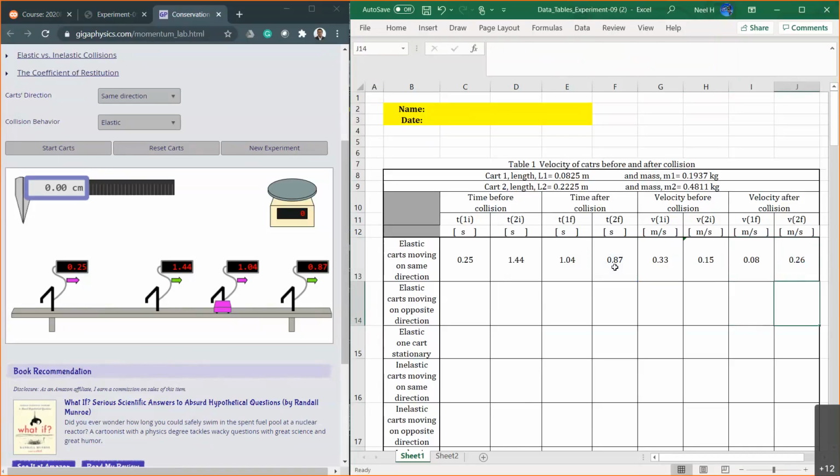Now you look at the velocities, then you will see what happened, right? So cart number 1 initially moving much faster, but that velocity decreased by a large amount. That's because during the collision, momentum changes for the object. However, total momentum of the system must remain constant. Okay, that's what we're investigating.